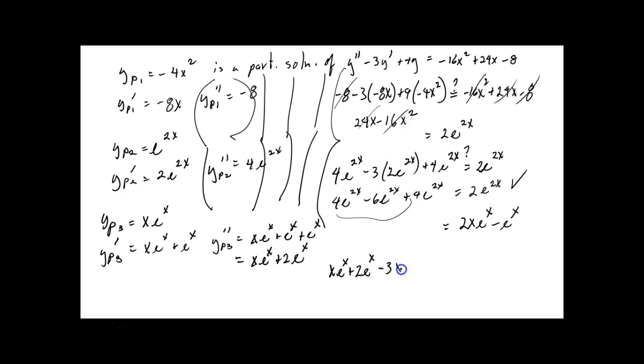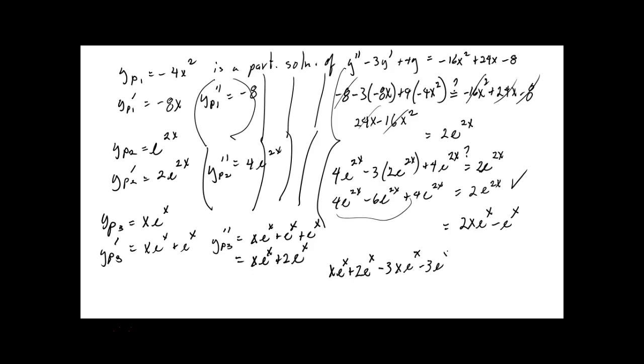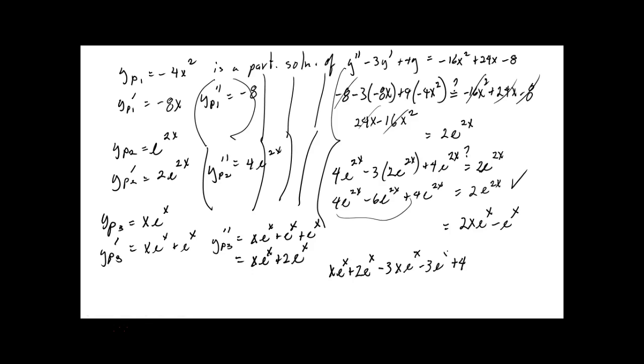That's minus 3x e to the x minus 3e to the x. Okay? Plus 4 times x e to the x.